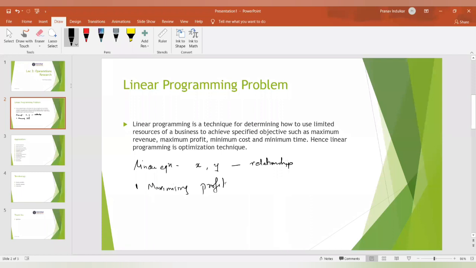In business we always aim at maximizing profit. Number two, minimizing cost. Third, minimizing the time. So the same thing we are going to follow in LPP. It's a mathematical technique that we are going to learn. So maximum profit, minimum cost, minimum time, also maximizing the revenue.